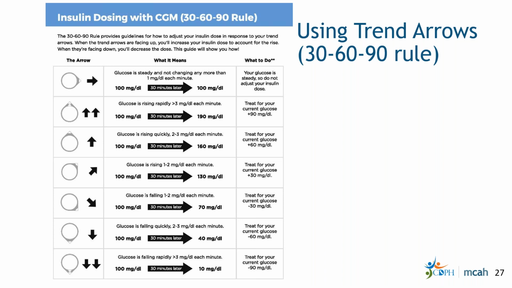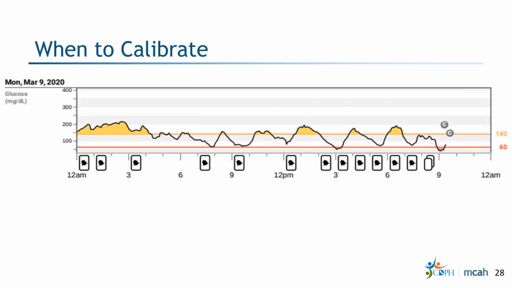And so this can be a tool used in addition to that, where she can say, okay, well, I'm 100 right now, but actually I've got arrows going straight up, meaning, in the next 30 minutes, I might actually be 190 and I'm about to eat right now. So she could dose as if her glucose is 190, get that extra insulin, and then hopefully prevent that postprandial hyperglycemia. So this can be a great tool, especially because we noticed in this case, there are some glucose elevations after the meal.